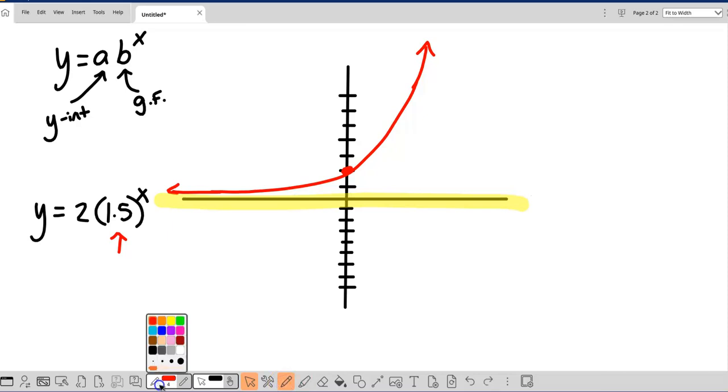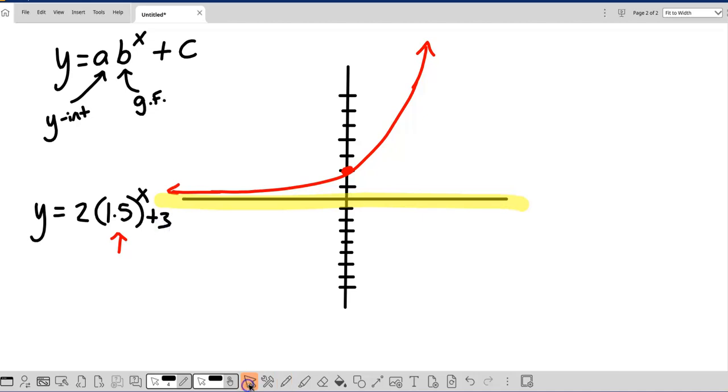Now we're going to add some more information to that. What happens when you take your function and you add a number to it? Does anybody remember what that does to it? Makes it go up or down. Good job. So let's just say I were to do plus 3, right?